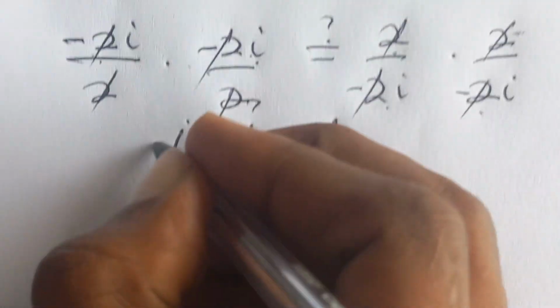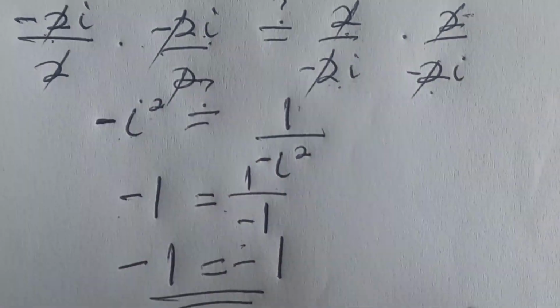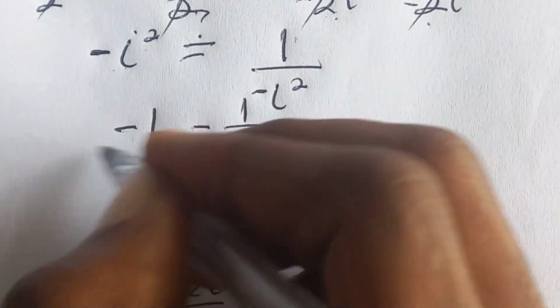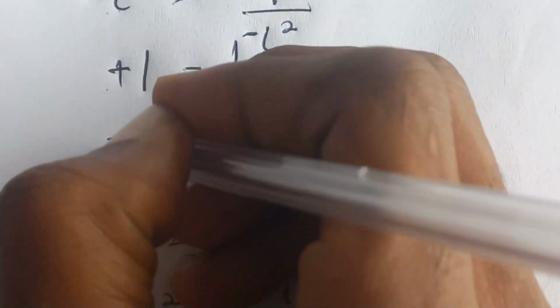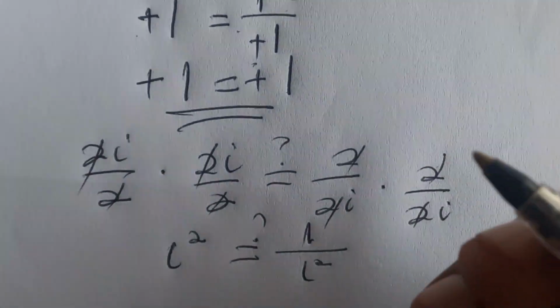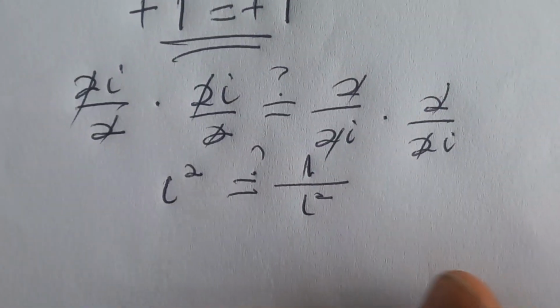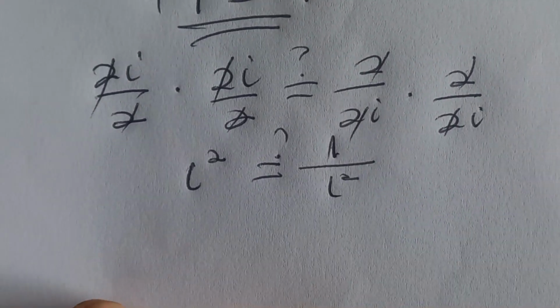So from here, sorry, this one will be negative i and this one will be negative i, so negative times negative will be positive. Sorry for that, guys. Now let's continue from here.